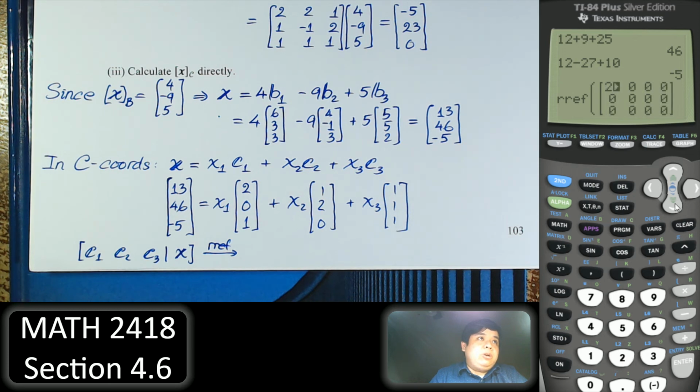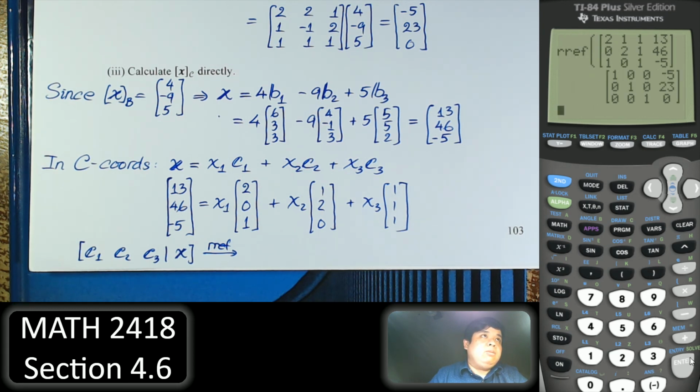C1: 2, 0, and 1. C2: 1, 2, and 0. C3: 1, 1, and 1. And then we have 13, 46, and -5. Right, so we do that.